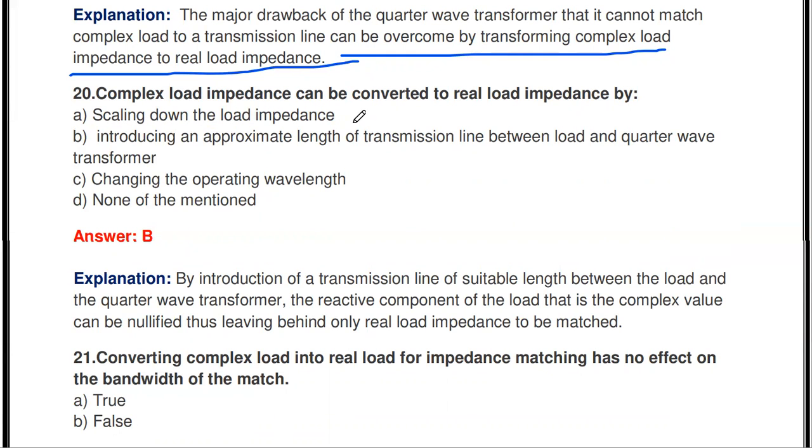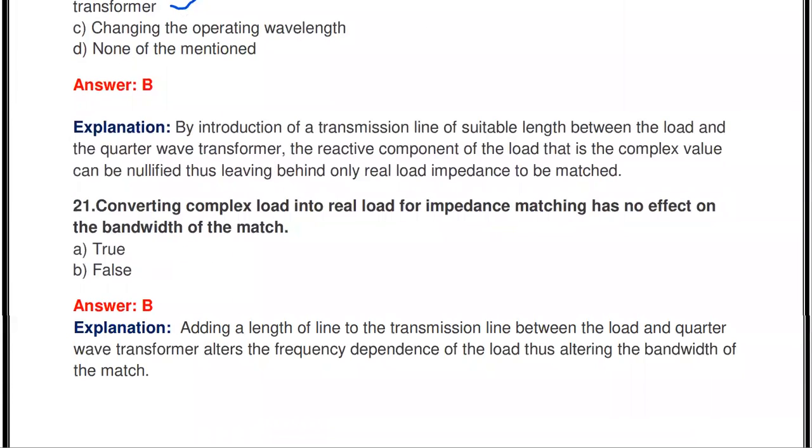Options: scaling down the load impedance, introducing an appropriate length of transmission line between the load and quarter wave transformer, changing the operating wavelength, none of the mentioned. So the complex load impedance can be converted into real load impedance by introducing the appropriate length of transmission line between the load and quarter wave transformer. That is the correct answer.